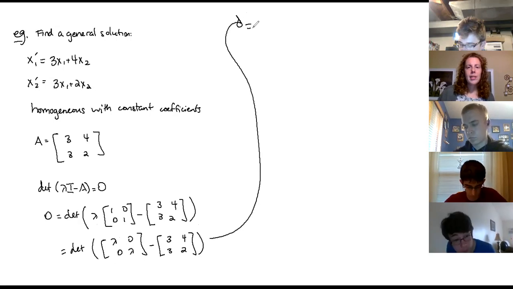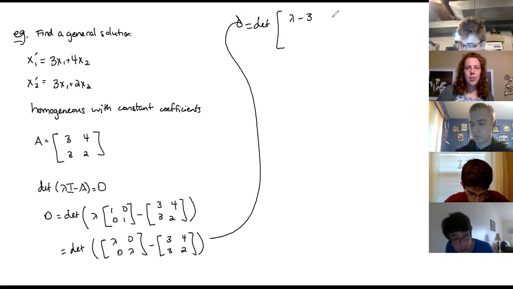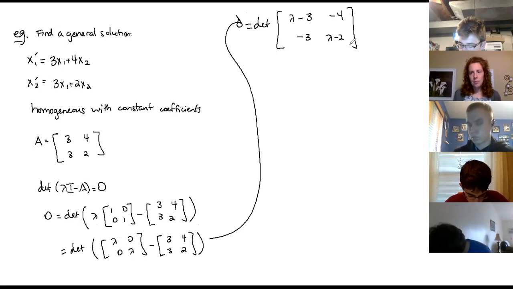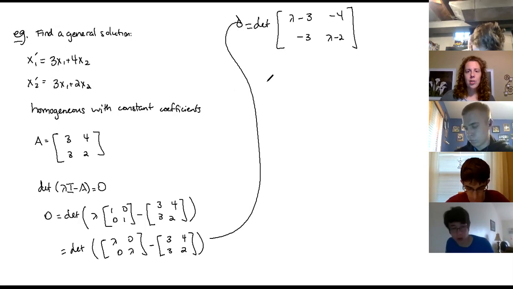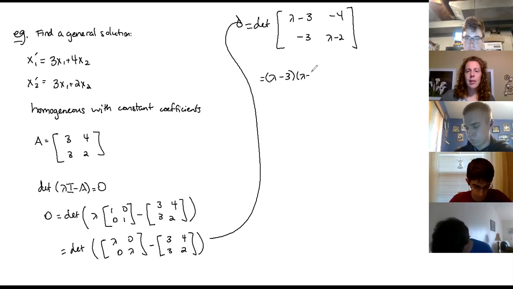So this is the determinant of lambda minus 3, negative 4, negative 3, lambda minus 2. We know how to take a determinant of a 2 by 2 matrix, no problem. So this is lambda minus 3 times lambda minus 2, minus 12.